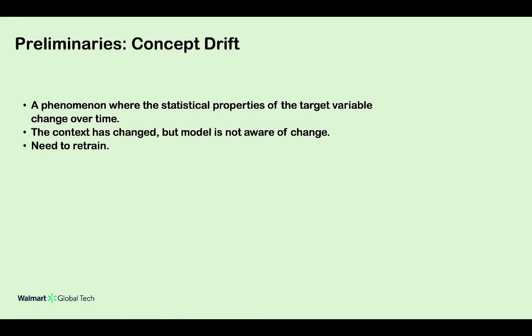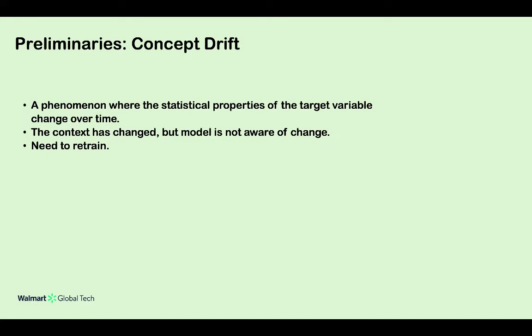It basically means the relationship between the input and the target variable changes over time. Statistically speaking, we can define it as the change in the joint probability distribution of the input and target between two time points.